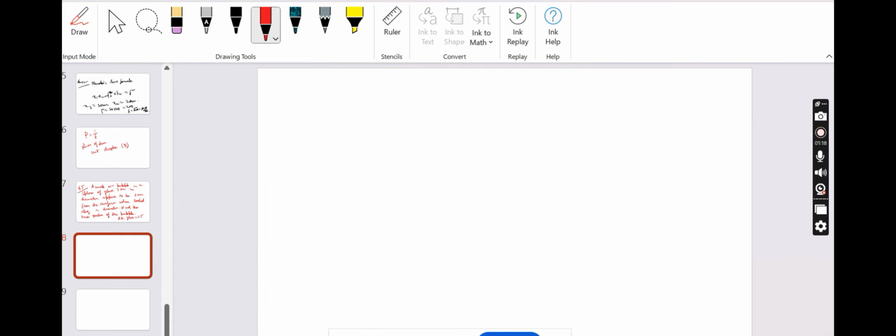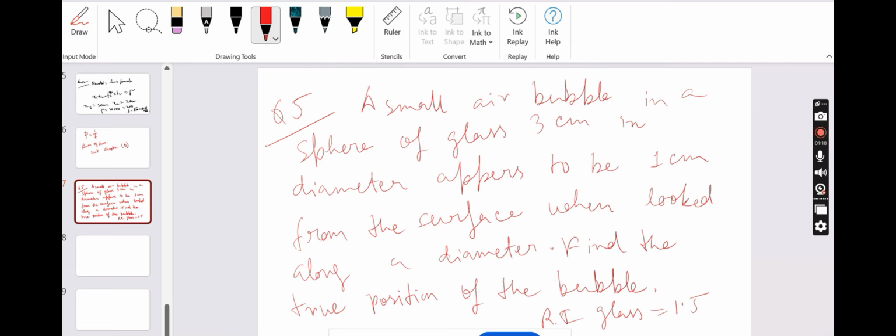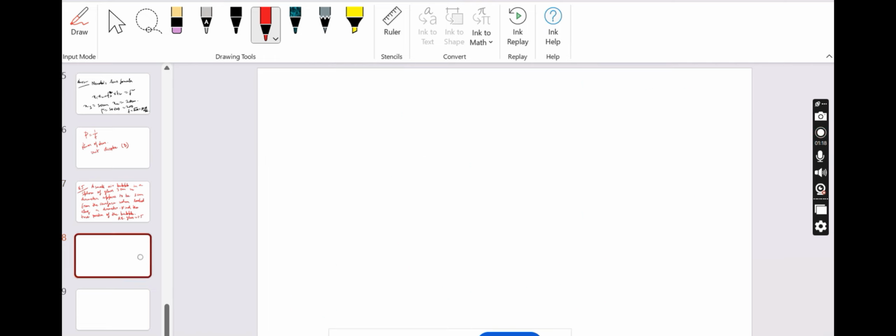So we have our actual image, and this is a concave surface because we are outside, so n2 by v minus n1 by u is equal to n2 minus n1 by R. So v here we need to take minus, because in convention we generally give v plus, so that is minus 1.